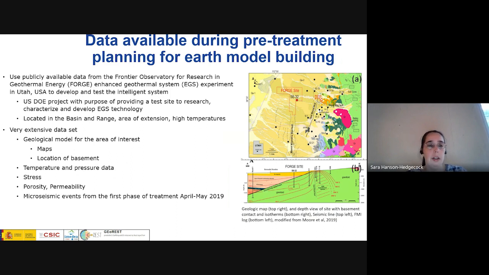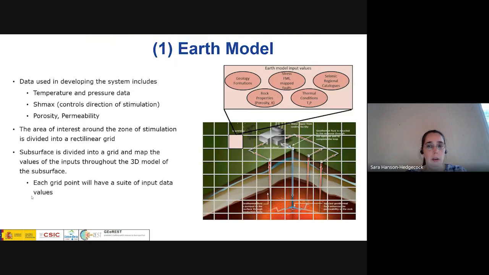All the data is publicly available, so anybody can take a look at it and the reports. It's a really good comprehensive data set for us because it has temperature, stress, porosity, and permeability, whereas at other sites the data is much more sparse.